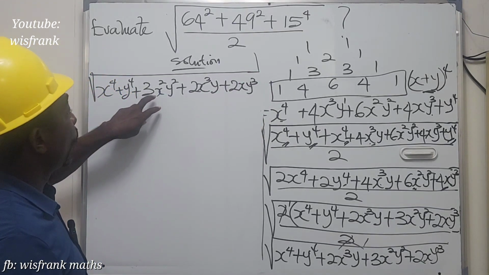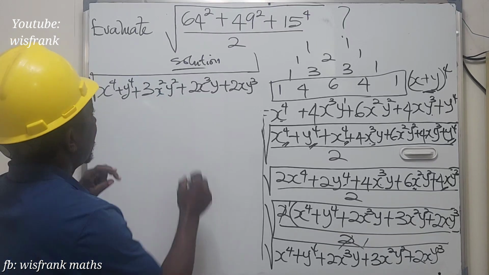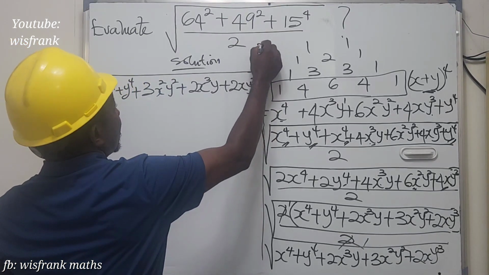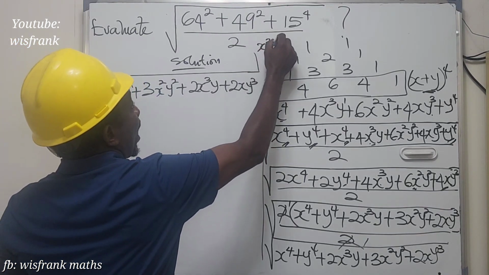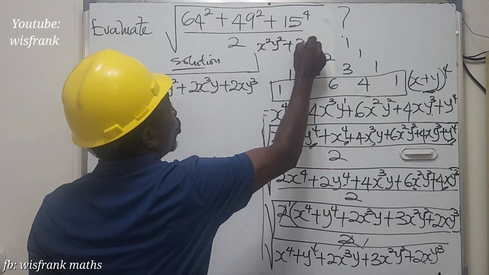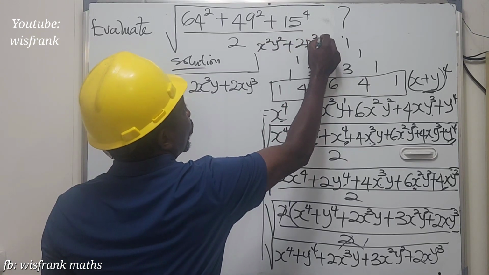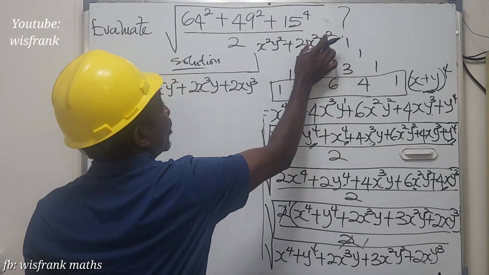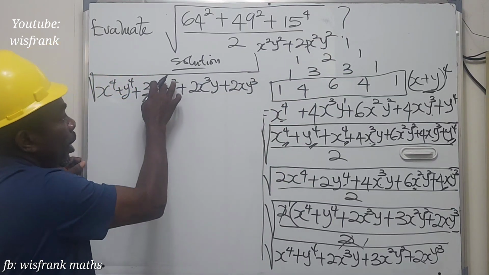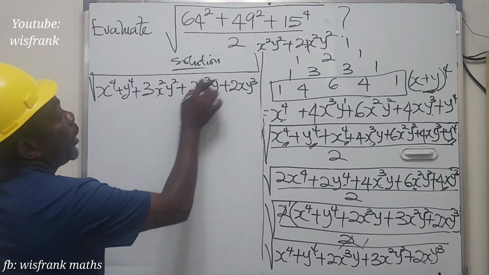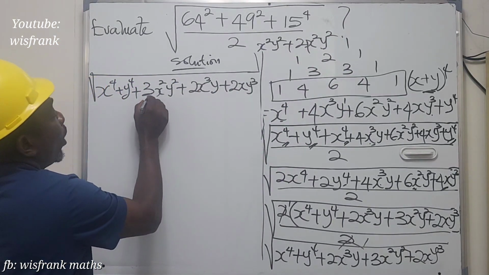In this case, we can replace this with, this will give us x to the power of 2 y to the power of 2 plus 2x to the power of 2 y to the power of 2. We can replace this with 3x to the power of 2 y to the power of 2. So here we can replace this with what we have here.